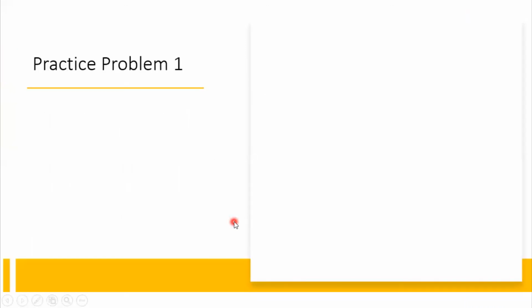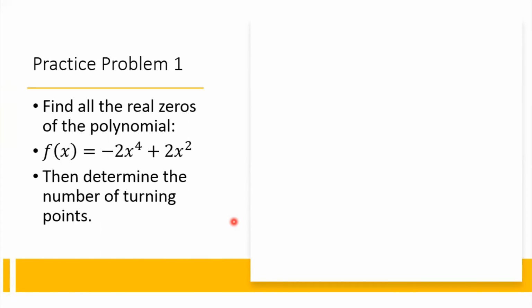Okay, so we have here a practice problem. If you want to practice more, I have here a problem. Find all the real zeros of the polynomial. Okay, this one. Then after finding the zeros, determine the number of turning points.